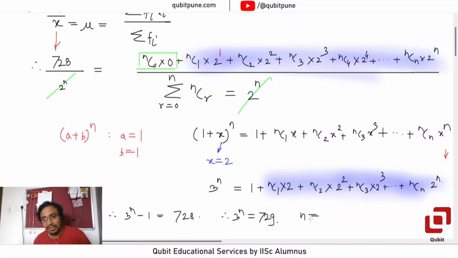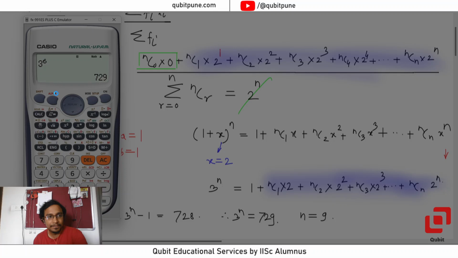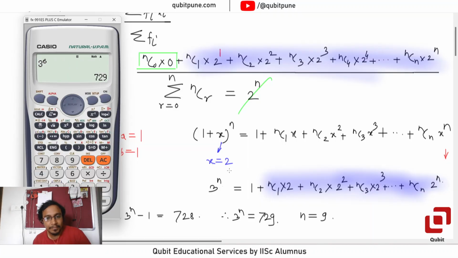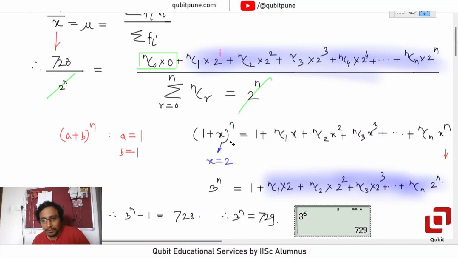Can you tell me what is n? 9 कैसे 6 आएगा? है ना, 6 आएगा. वो 9 का क्यूब है.